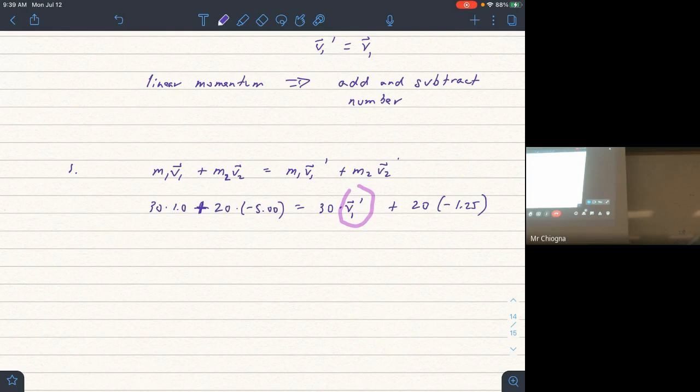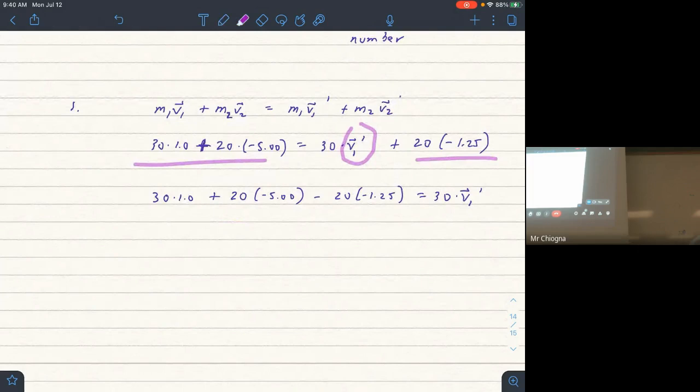Okay. You're just going to take this term here, subtract it from these 2 terms, and then divide by 30. Now you're going to take both sides, divide it by 30.